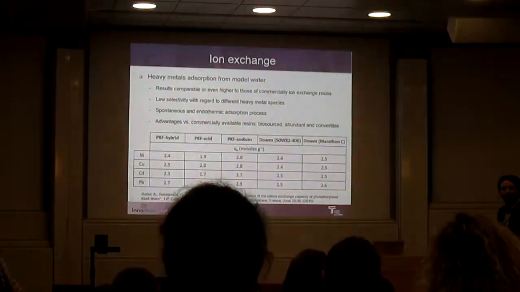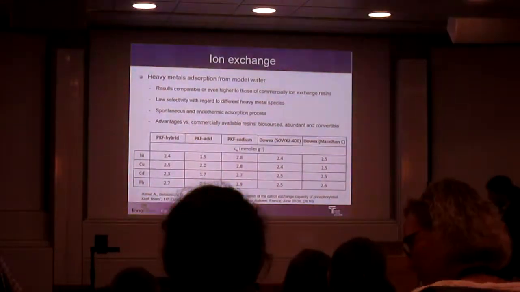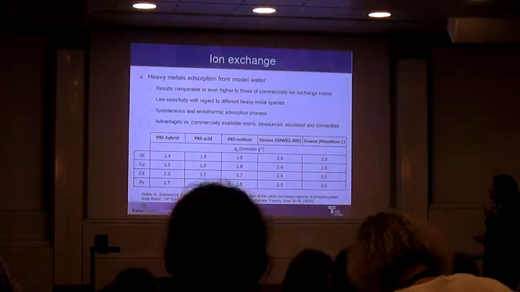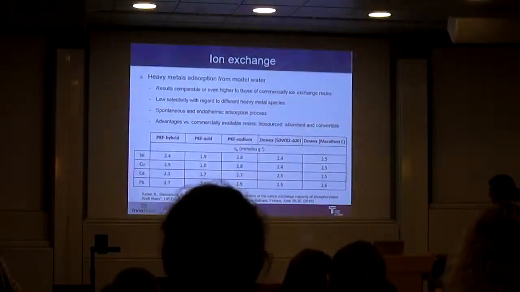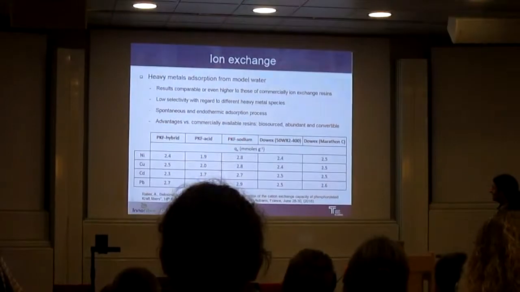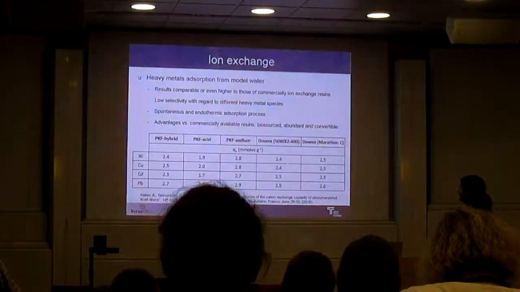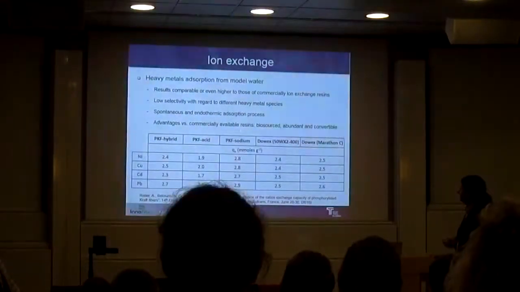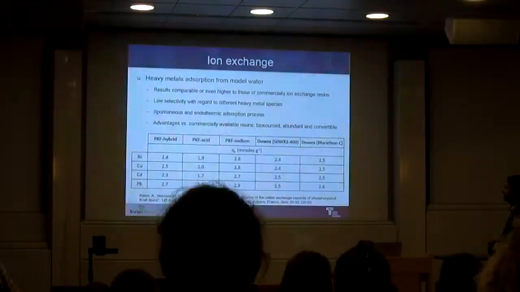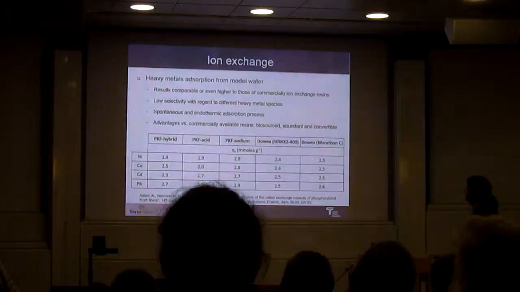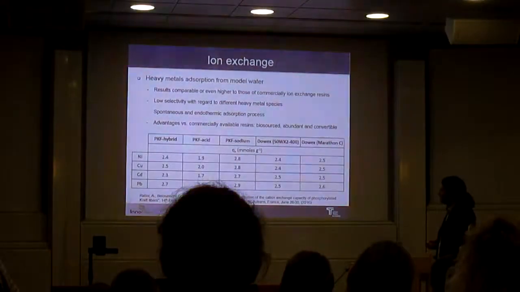Another application we have studied was absorption of heavy metals, because we have a huge charge. So we started this research by making a model water for the heavy metals, with three forms of fibers, compared with two ion exchange resins, and as you see, we have PKF, phosphorylated kraft fibers in sodium form, that means sodium as counter-ion, which surpasses the absorption capacity of commercially available ion exchange resin.